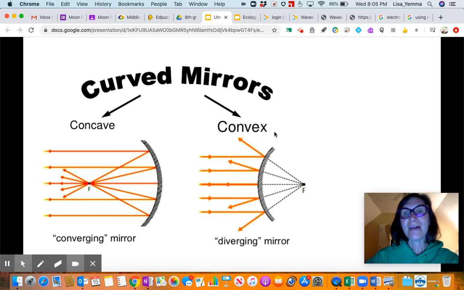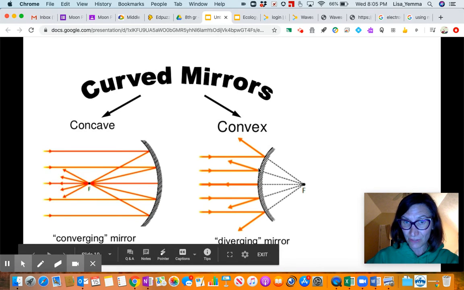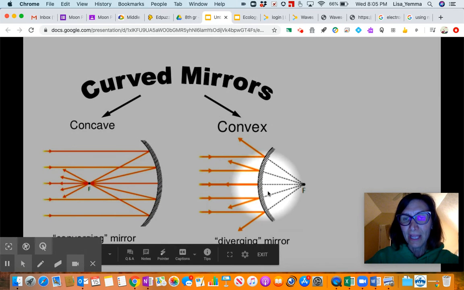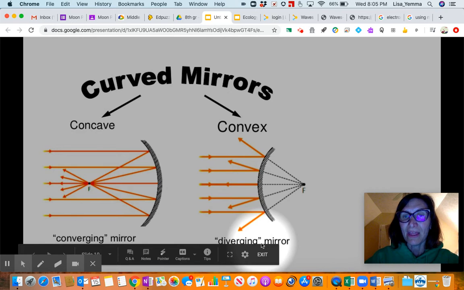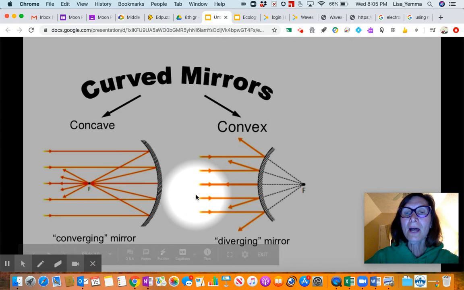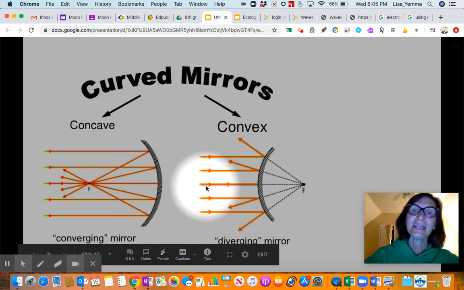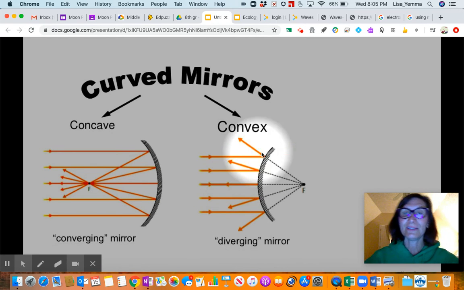So if I have this, my convex surface, that convex curved out, the light reflects and spreads out.